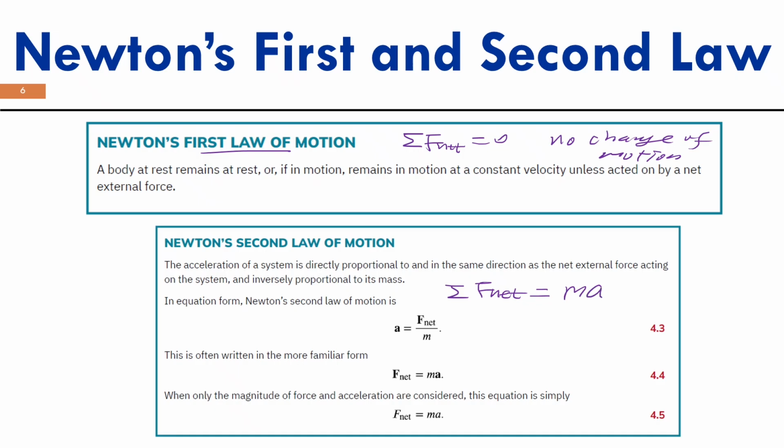And how fast or how big is your change of motion? That is your acceleration. So your acceleration times mass equals your net external force. Or you can say your acceleration is determined by the net external force divided by mass. And remember, the net external force and acceleration have the same direction.